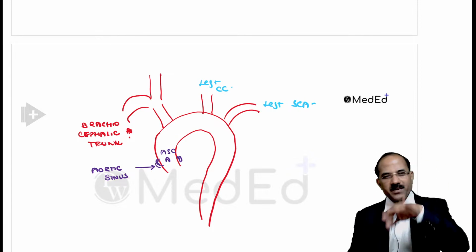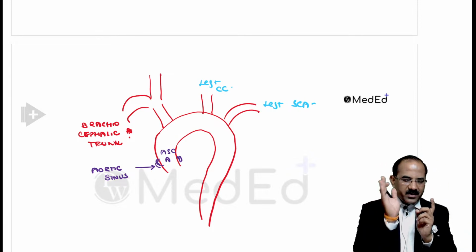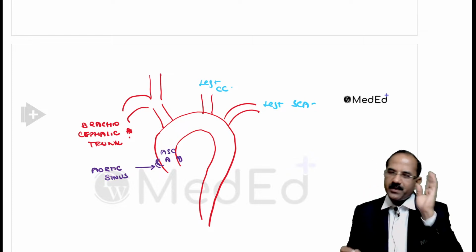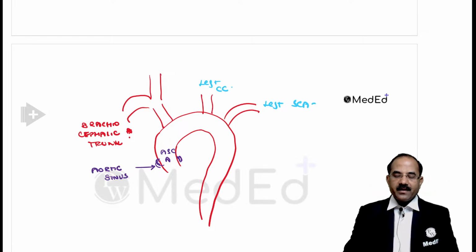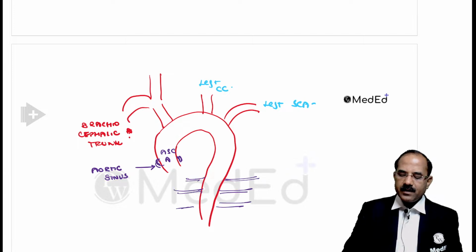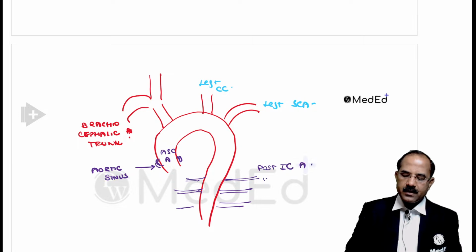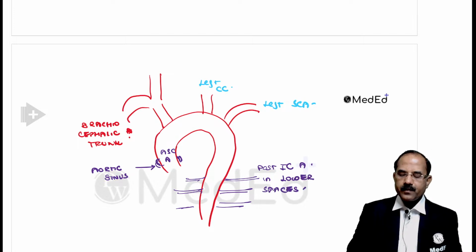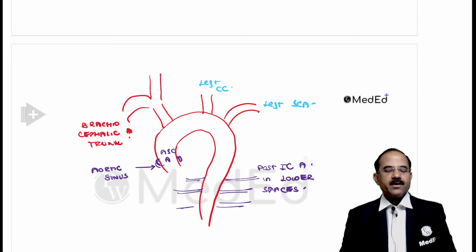Three branches come from the arch of the aorta: the brachiocephalic trunk, the left common carotid, and the left subclavian. And the descending thoracic aorta gives, what are these arteries, children? These are the posterior intercostal arteries in the lower spaces.